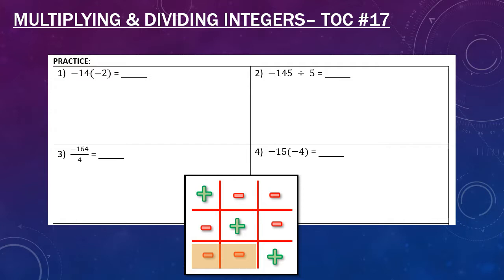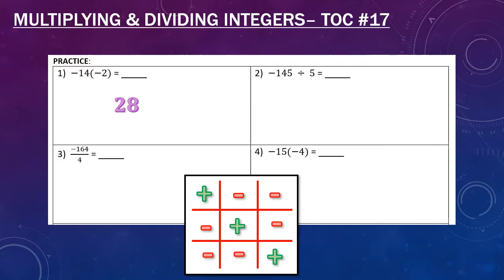The third box is my answer. My answer will be positive because I have an even number of negatives. So then all I have to focus on is my numbers. I already know my answer is going to be positive. What is 14 times 2? Positive 28.